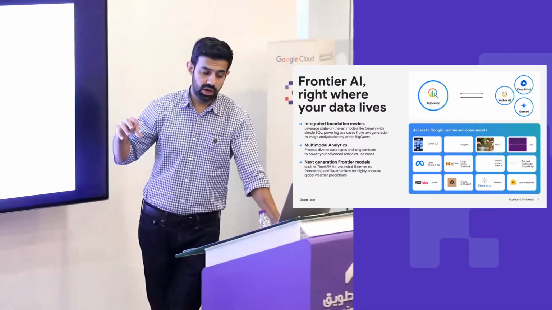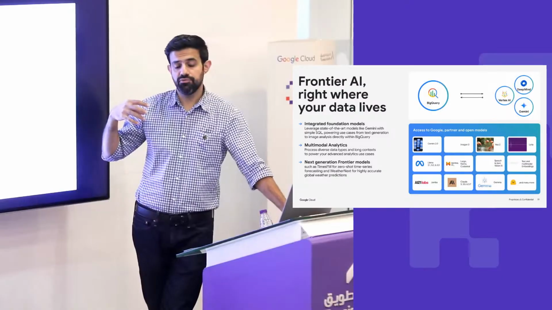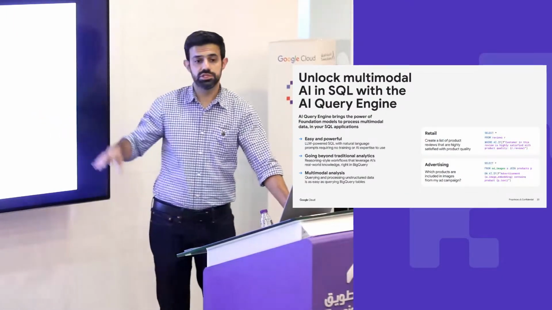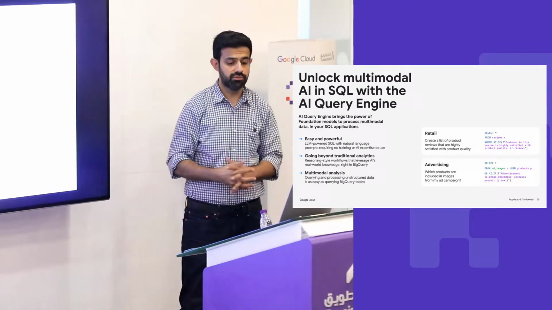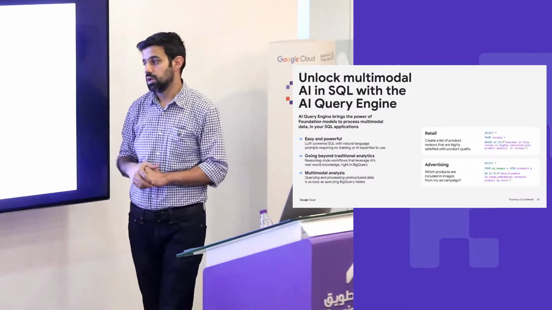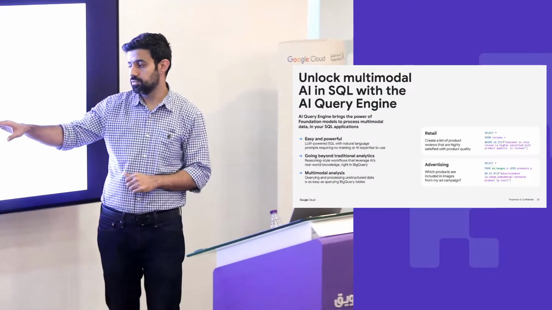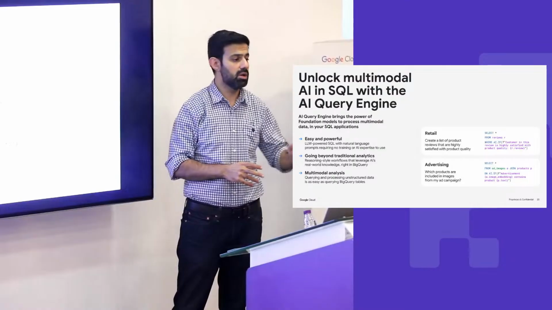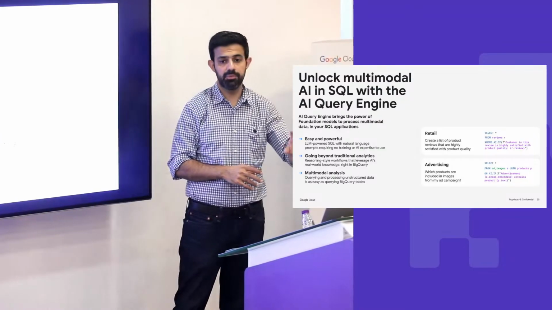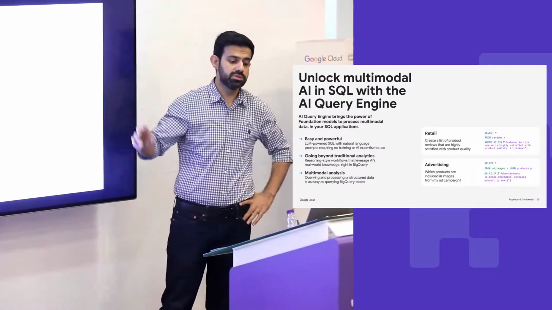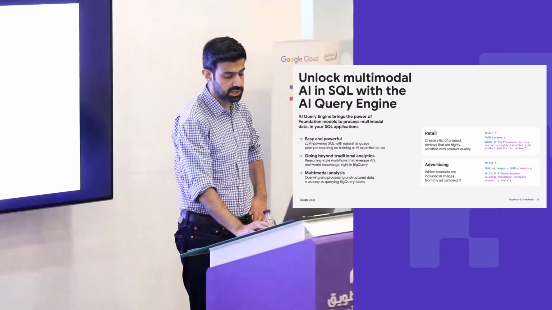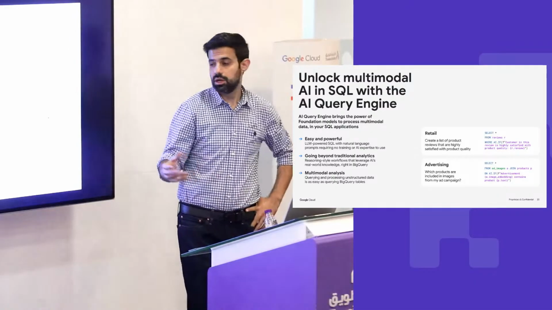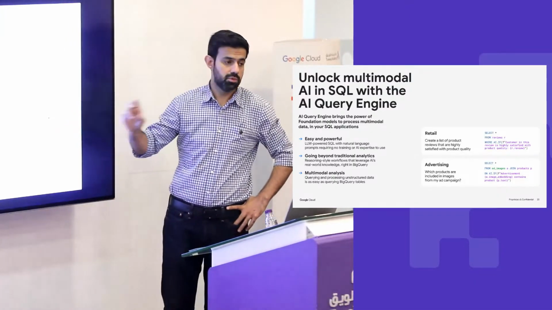Within this, now how do we use it? We have these AI functions added into the traditional SQL queries to actually just write a question to use AI. For example, in a retail store, I want to create a list of product reviews that are highly satisfied with the product quality. So I want to find all my customers that are happy with my product. Just from the reviews itself, I have to use this function ai.if, which is: is the customer happy with my product based on the review?